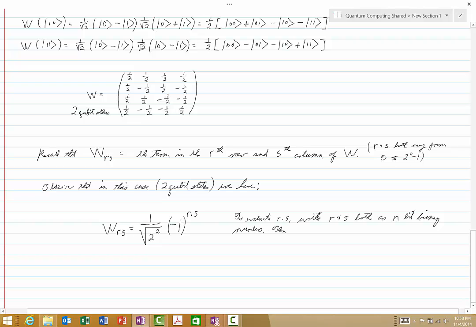Then R dot S is equal to the number of bit positions in which both R and S have ones.